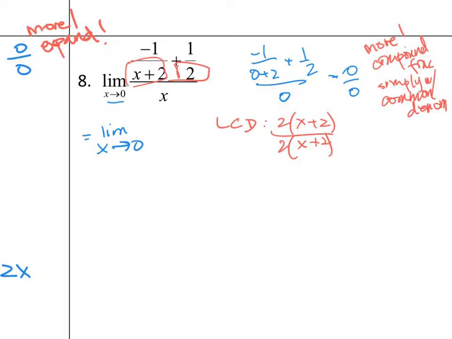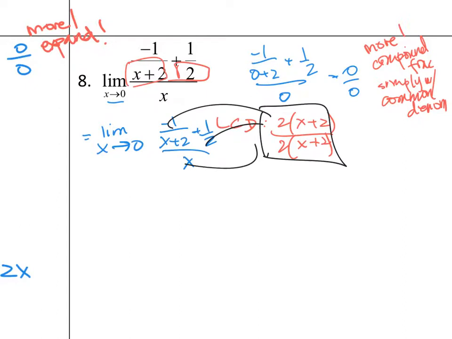So then what we have is the negative 1 over x plus 2, plus 1/2, over x, and all of this is going to be multiplied to each part of that compound fraction.